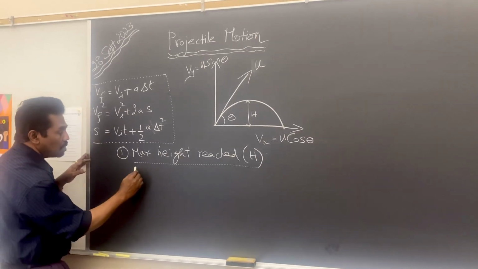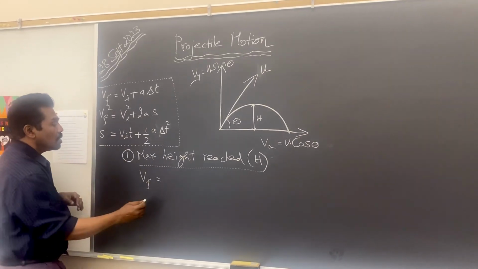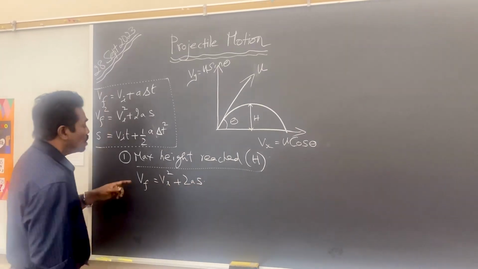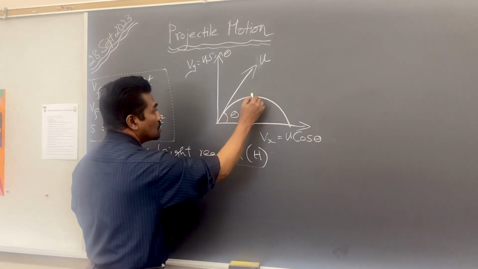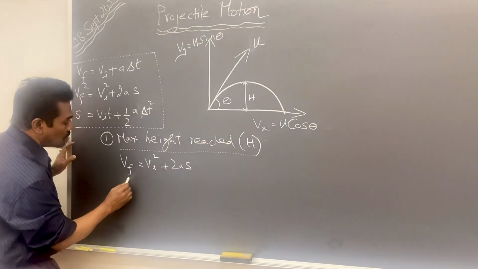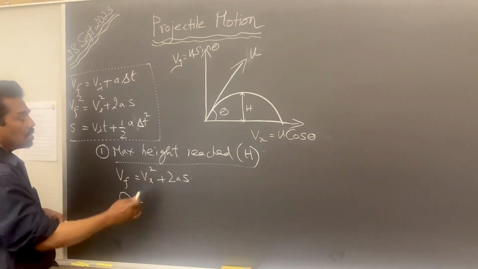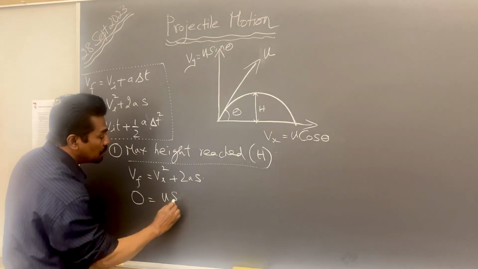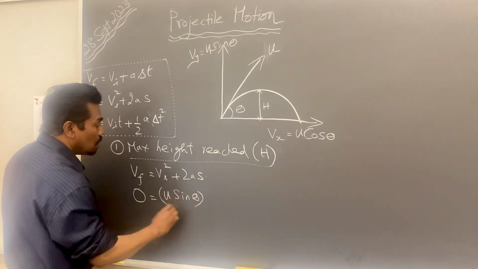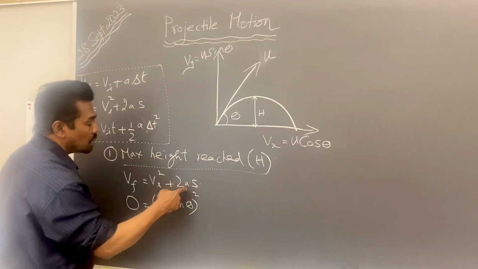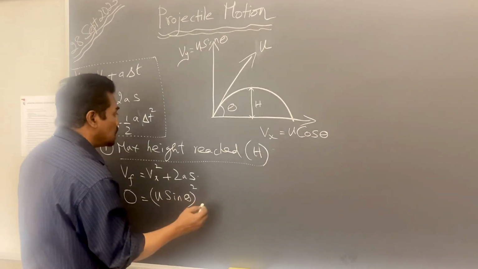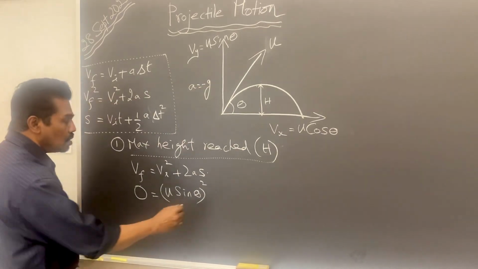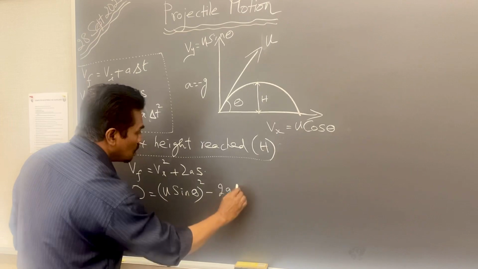We can use the formula Vf squared is equal to Vi squared plus 2As. At maximum height, the final velocity will be equal to 0. The initial velocity will be the y component, that means u sin theta, whole squared. It is going up, so the acceleration will be negative g, all the time in projectile motion. So it will become 2g height.